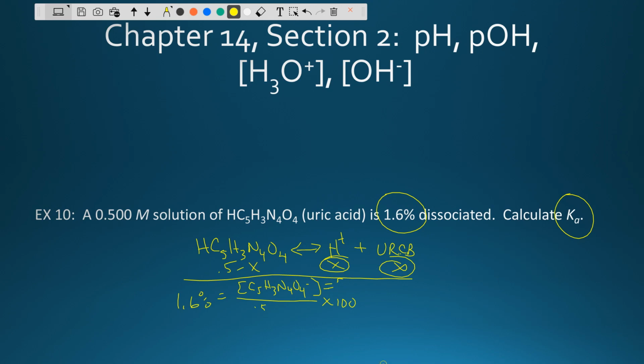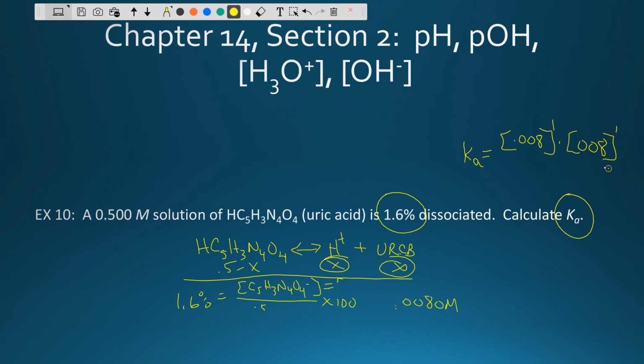When I multiply this out, this ends up being a 0.0080 molar solution. Remember these two equal each other, so that would be 0.008 when I apply this math, 0.5 times 1.6. Now I plug it back in, and remember that my Ka is going to be my X times my X over the 0.5 minus X, so 0.008 times 0.008 over 0.5.